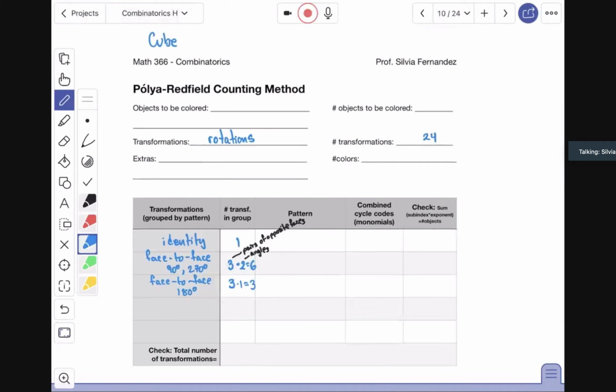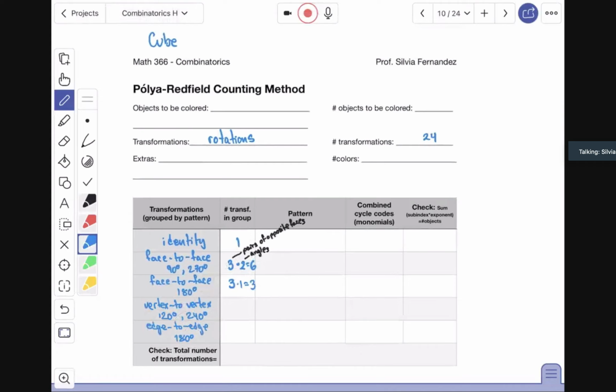So I have the vertex to vertex. Let me list them. Vertex to vertex. And I also have the 120 and 240, I'll explain. And I have the edge to edge, 180 degrees.